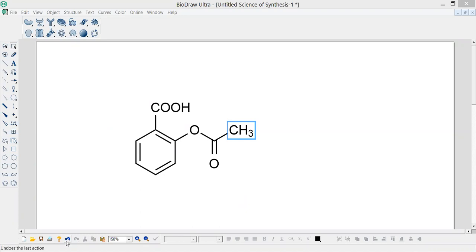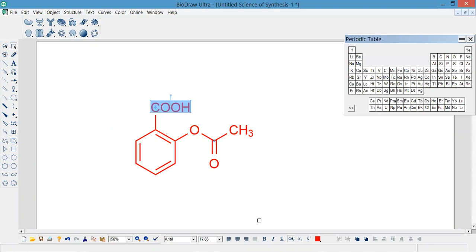Select this, rotate this. You can also change the color of the selected compound, like this, or even the color of a particular part of the chemical structure.